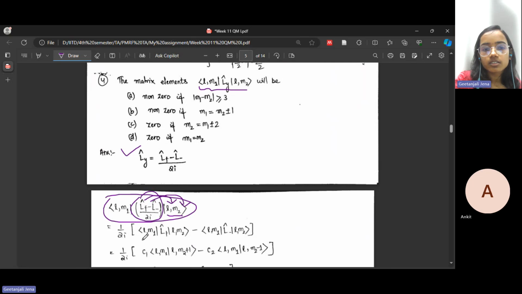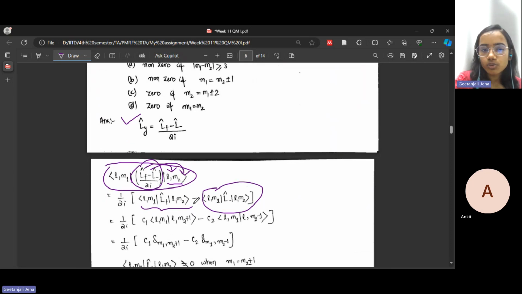You can write it as bra L M1 with L plus acting on L M2, and the second component will be L M1 with the L minus operator acting on L M2.